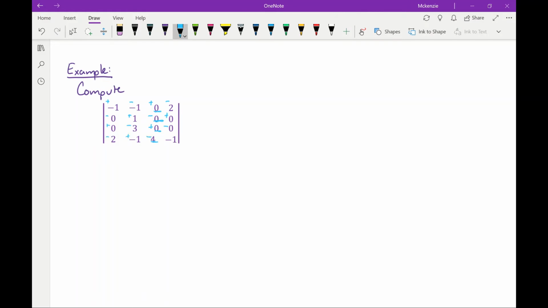If we want to expand down the third column, we get a plus minus there. So our determinant is plus 0 times something, minus 0 times something, plus 0 times something, minus 4 times something.